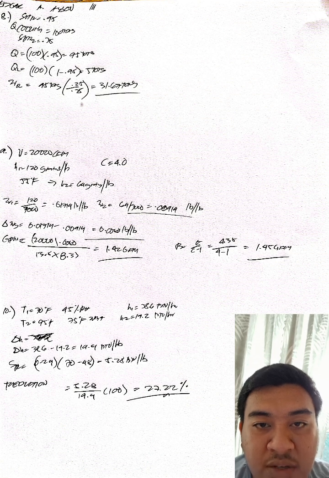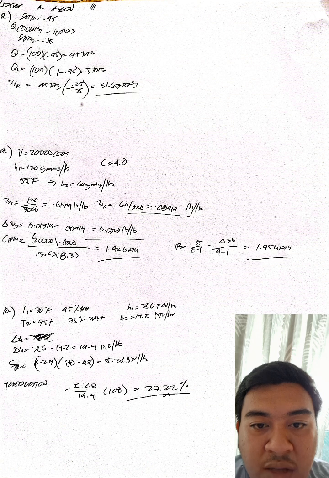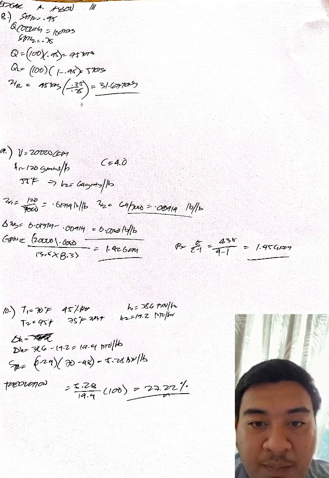So we have the following givens: airflow rate V is equal to 20,000 for the inlet air. Then the humidity ratio 1 is 120 grains per pound and humidity ratio 2 is 64 grains per pound. First, we need to convert grains per pound to pounds of water per pound of dry air by dividing by 7,000.